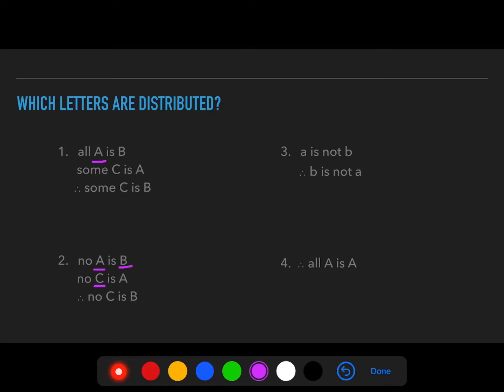Anywhere after no or not. So they're all distributed in number 2. Number 3, anywhere after no or not. So those are distributed. And then number 4, let's see, so immediately after all. All right, so those are the letters that are distributed.